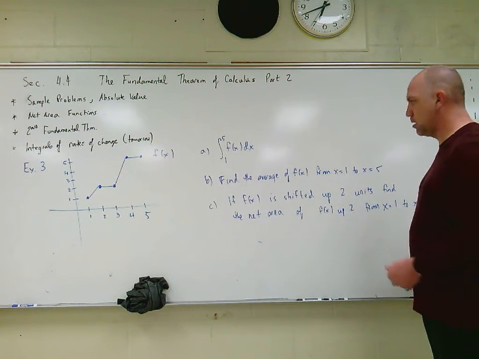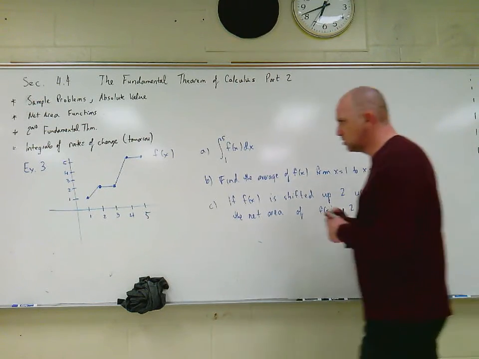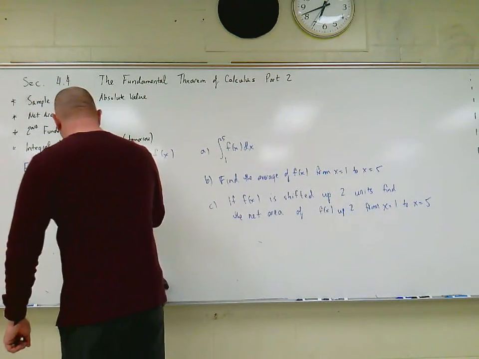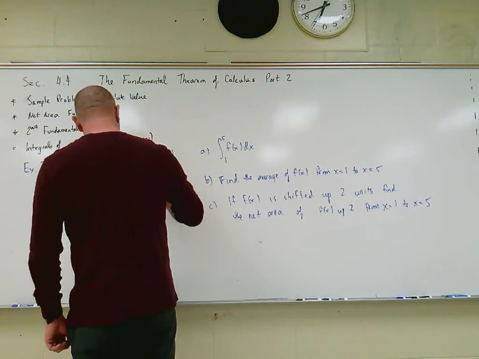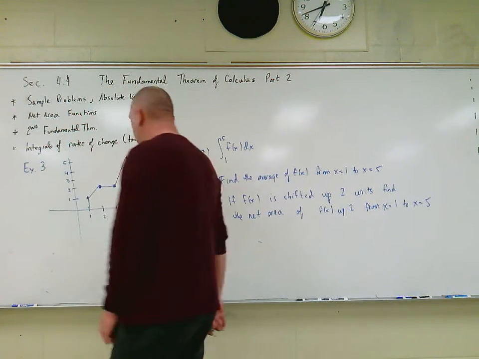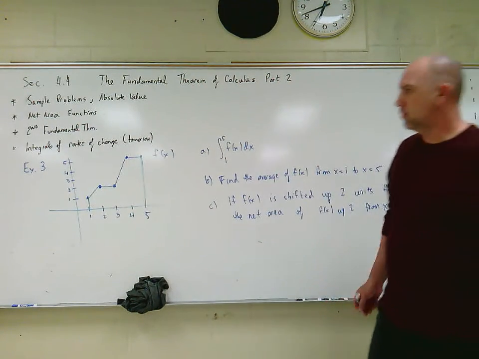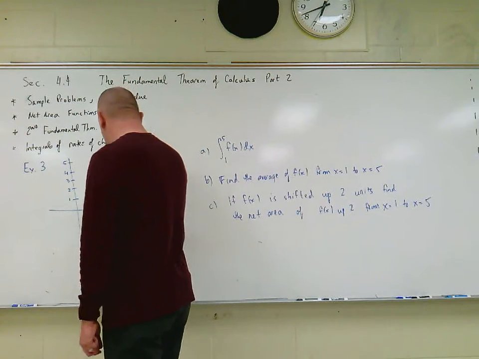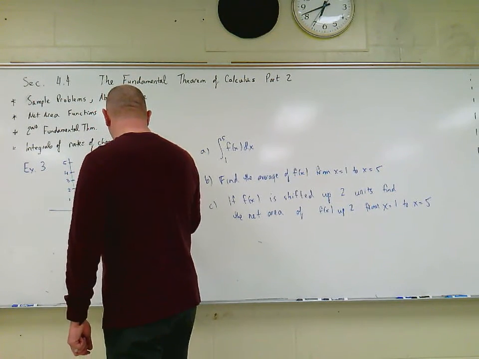So find the area under the curve from 1 to 5, right? So we box this with our green here. We're going from 1 to 5. All right, so you need to find that area. However it's easiest for you. You want to go and make that a square, make that a rectangle. There's your triangle.